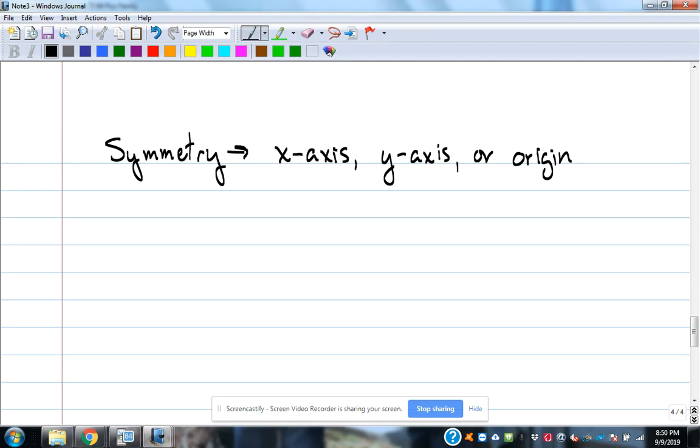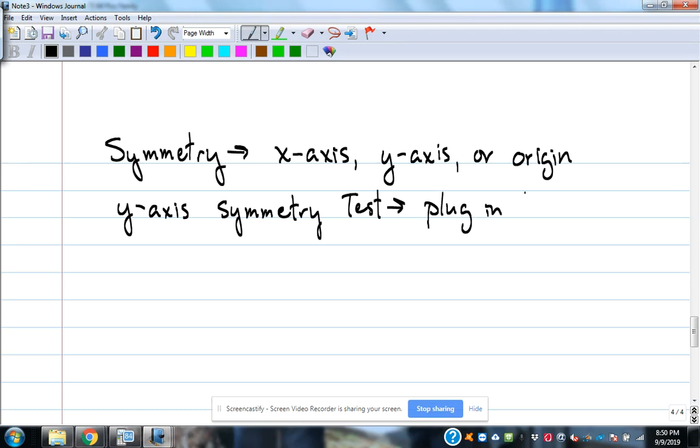Okay, so to test for y-axis symmetry, plug in negative x and simplify.